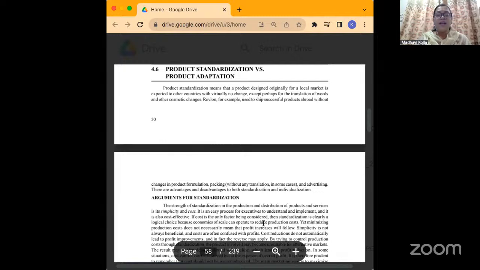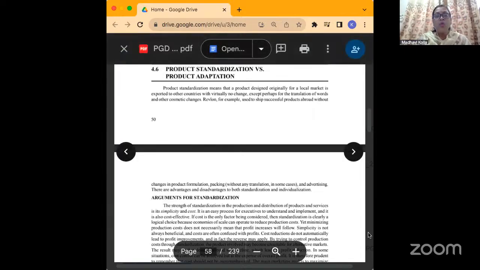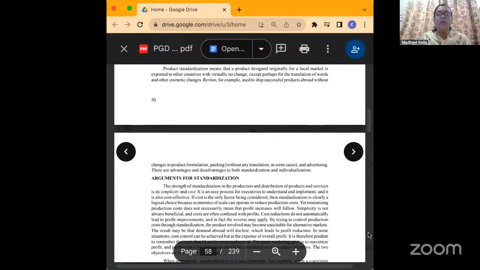So, product standardization is fundamentally a stage where the product is designed for the local market, but it is now being exported to other countries. So, it has to have some element of change. However, this has to be standardized over a period of time so that the product is more or less similar to what is being offered across multiple nations.